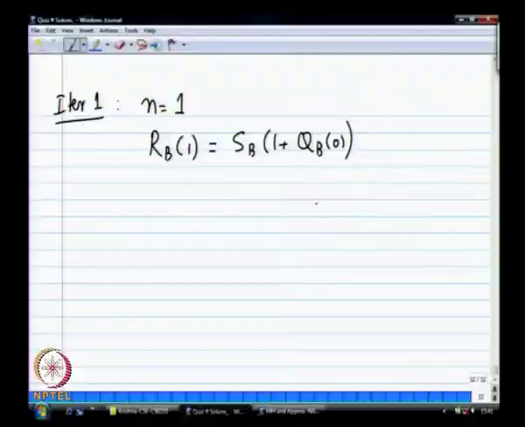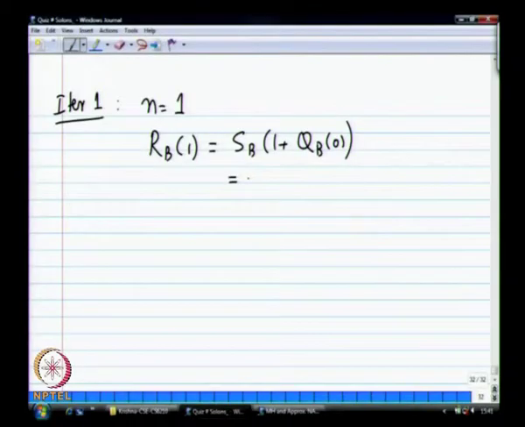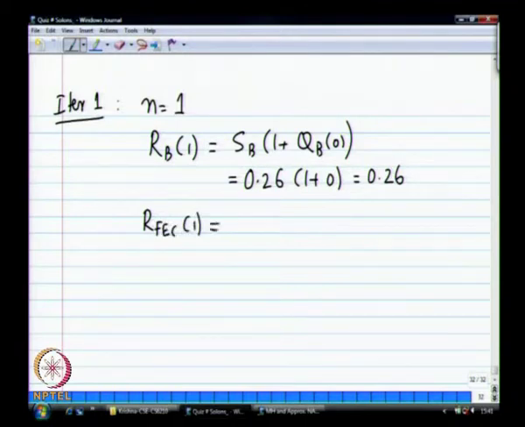In the algorithm we did not have this parenthesis of 0 and so on, but this is what it is. So this is 0.26 into 1 plus 0, therefore this is 0.26 again. And R FEC of 1 is a summation going from 1 to n, which in this case happens to be 1.